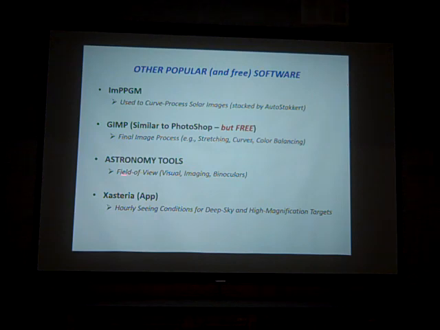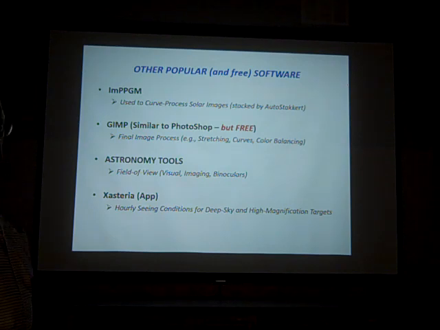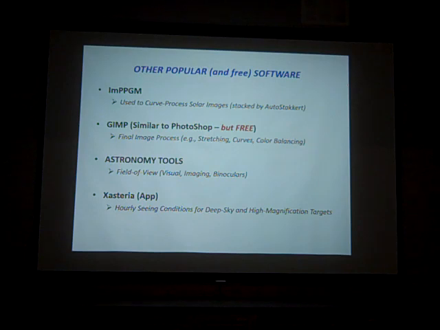Astronomy Tools, I suspect you may use this. The thing I like about Astronomy Tools, and I always refer to it before I go out and do any imaging, you can put in there what telescope you're using. I mean, it has a list of a bazillion telescopes. You're going to find yours in there. You can put in what camera you're using. And it has less than a bazillion, but you're probably going to find your camera in there.